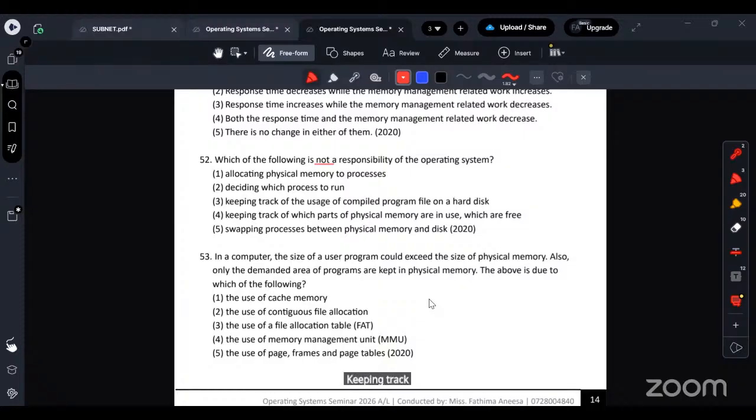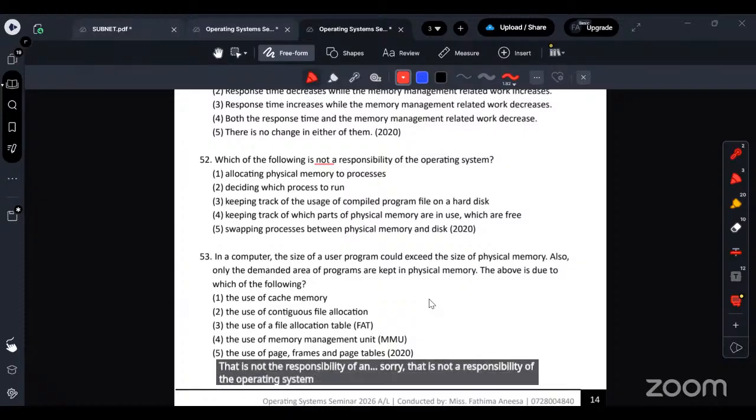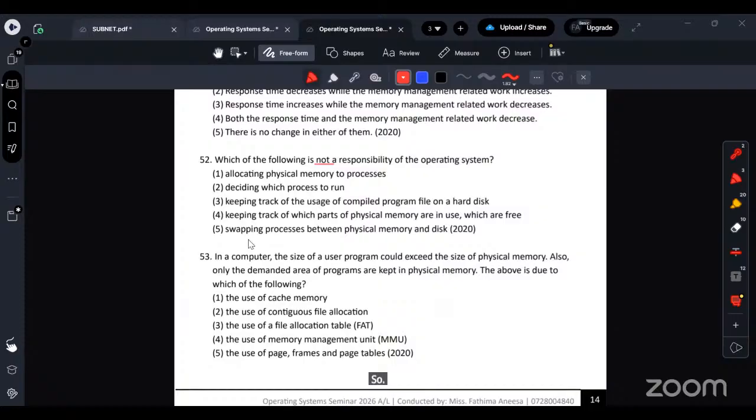Keeping track of the usage of compiled program file on a hard disk. So that is not a responsibility of the operating system. The operating system manages files and disk drives, but it doesn't track the specific internal usage or execution path of a compiled program. So that is the answer because it is not a responsibility of tracking it.